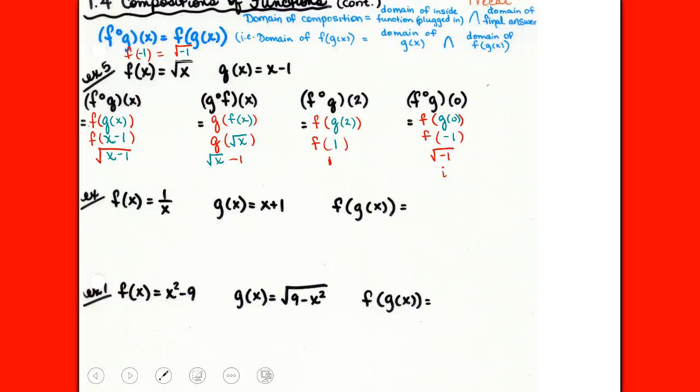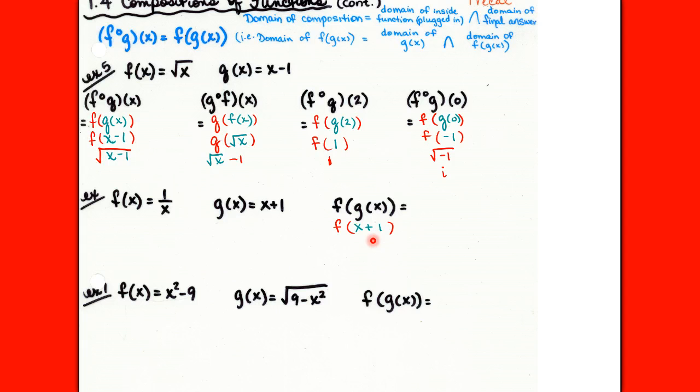All right, let's look at two different functions this time. They tell me f of x is 1 over x and g of x is x plus 1, and they say find f of g of x. All right, so we'll start with the inside function g of x. G of x was x plus 1, so replace g of x with what it's equal to, x plus 1.